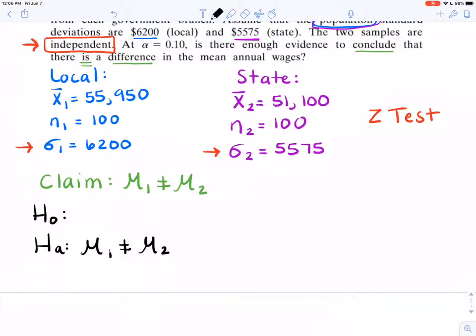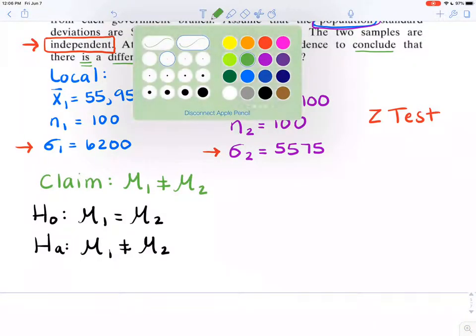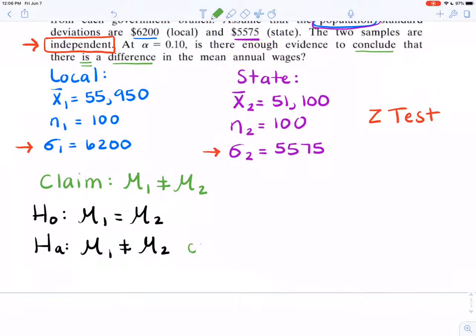And once you place that claim, the other statement has to be the opposite of that claim. So that means in my null, mu1 is equal to mu2. These tests are always going to be set up that same way. And then I'm just going to make a note for myself here that my claim, what I was asked to test, is in the alternative because we're looking for a difference, not equal to.